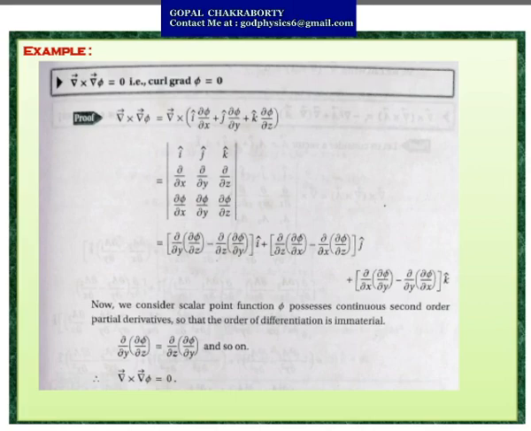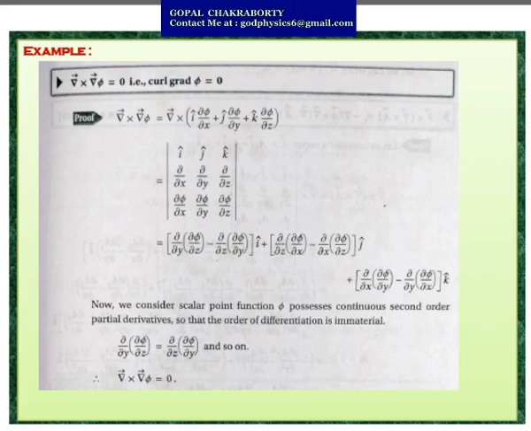Similarly, when you take the derivative with respect to z of del phi del y, again that will give you 0. Similarly, you can find that all the derivatives here will give you 0. All the partial derivative values will be 0. So you find that curl of grad phi equals 0.